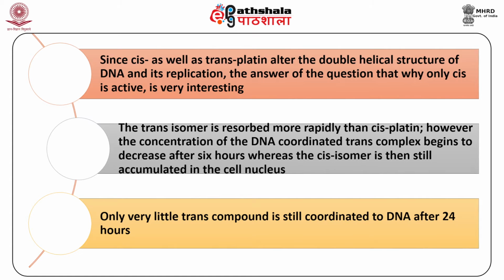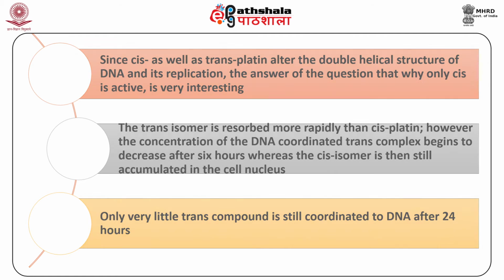However, the concentration of DNA coordinated trans complex begins to decrease after 6 hours, whereas the cis isomer is still accumulated in the cell nucleus. Only very little trans compound is still coordinated to DNA after 24 hours.